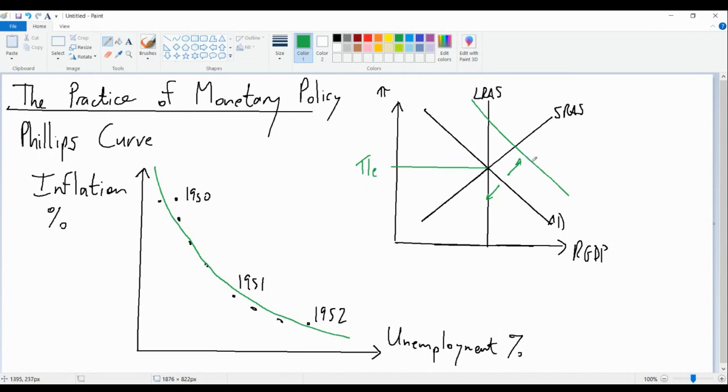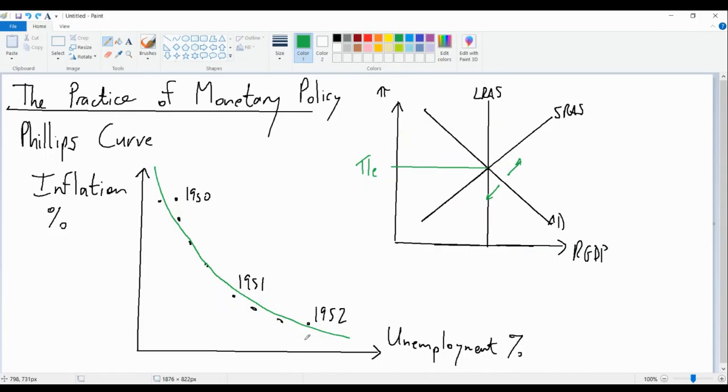If it moves this way, what do you get? High growth, low unemployment, high inflation, somewhere over here. The demand curve moves over here, you get the opposite, right? You have slow growth, low inflation, high unemployment, a point over here.